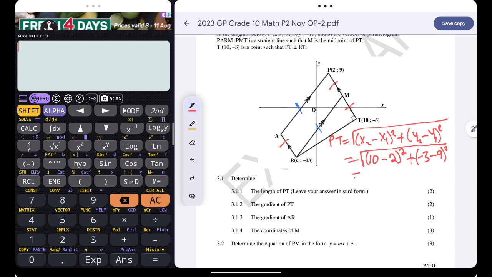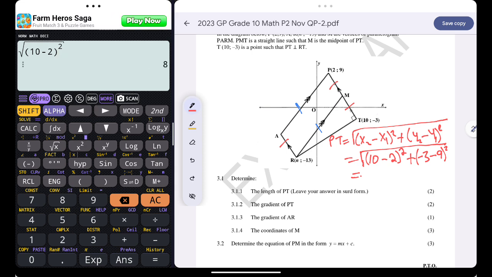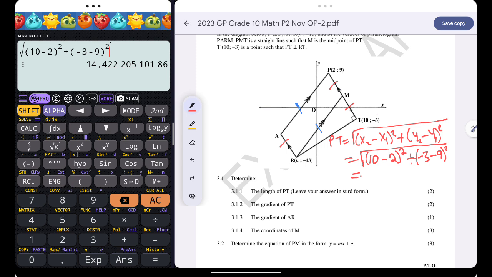And then what do I get? Let me check. I'll get 10 minus 2 plus -3 minus 9, all squared. They said I must leave my answer in surd form.